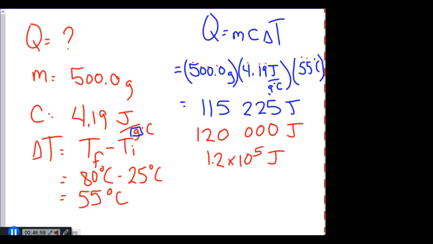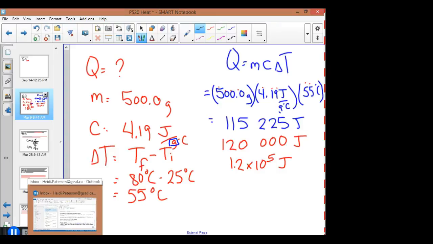Now, when we get to really big numbers like this, sometimes we convert from joules into kilojoules. Think about grams into kilograms or milliliters into liters. Do you remember how many milliliters go into a liter?